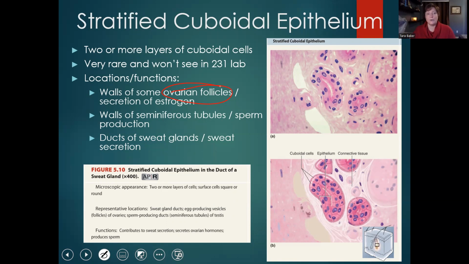You're going to see that in 233. Seminiferous tubules, that's going to be in the man's testes, and you're going to see that in 233 as well, and then the ducts of some sweat glands. So we are going to study sweat glands, but we're not going to actually look at these. But this is a picture of a stratified cuboidal, so it's only 2 layers thick.